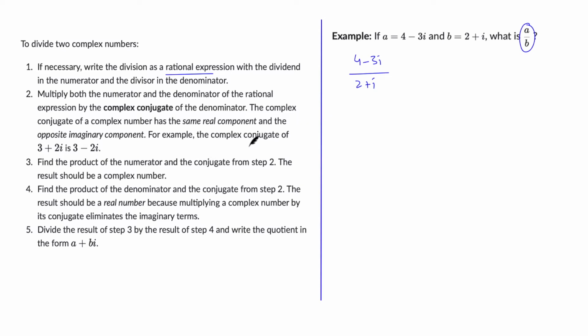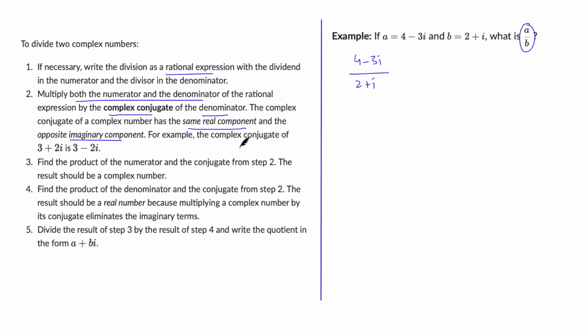Let's have a look at step number 2, which is the most important step. Multiply both the numerator and the denominator of the rational expression by the complex conjugate of the denominator. This is the key. So what's a complex conjugate? The complex conjugate of a complex number has the same real component and the opposite imaginary component.